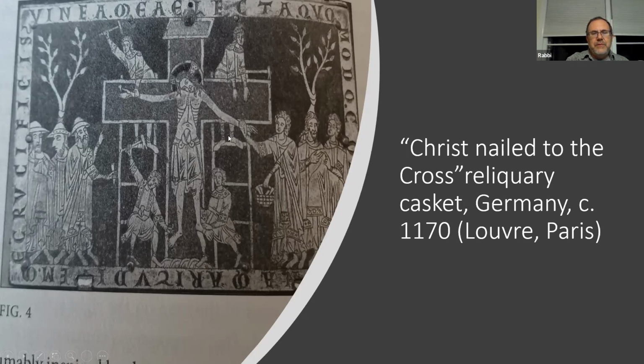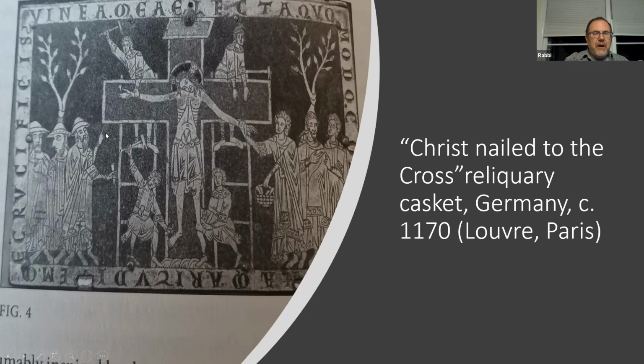And then there are these two groups of people. Most scholars assume that this group are Gentiles and this group are Jews, even though they are on Jesus's right. I said usually the Jews would be on Jesus's left. It's interesting that they are on the right, but they are clearly identified as Jews because they have those hats and they have the beards.